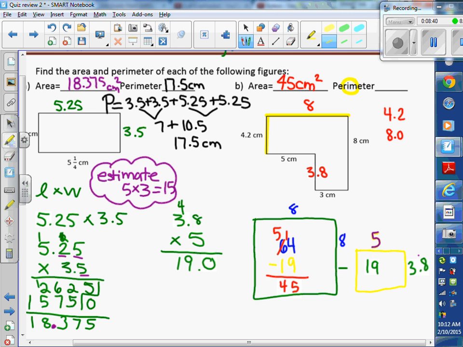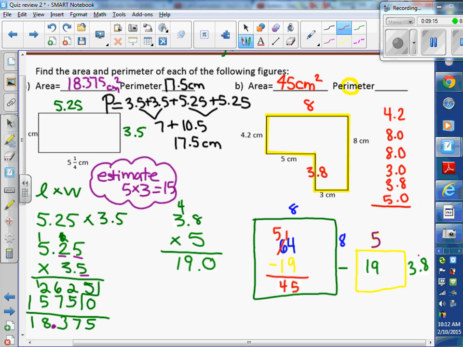Plus another 8. Plus 3. Plus 3.8. Plus 5. I've completed the rim.